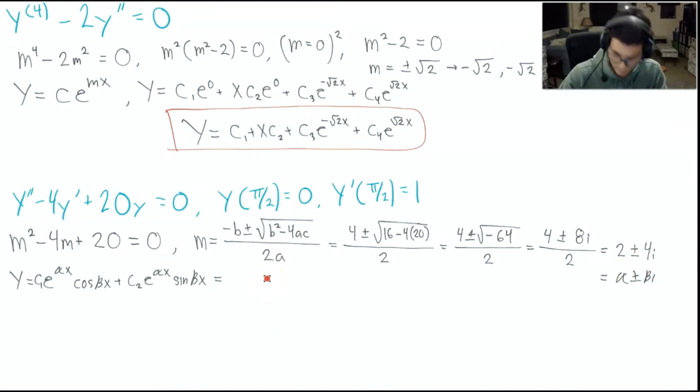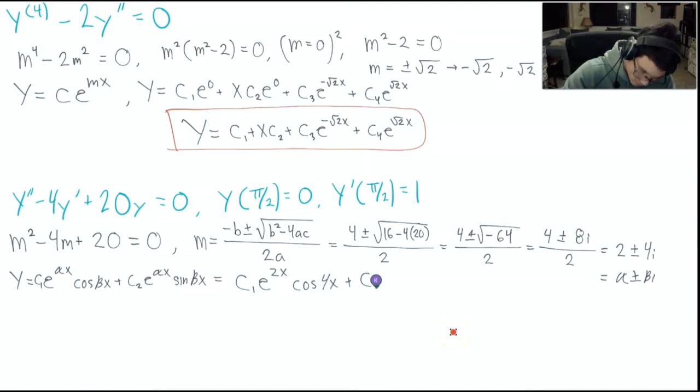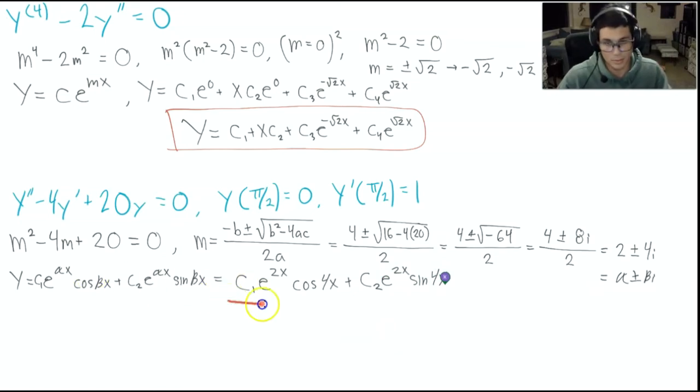It's as simple as that. So we see, okay, what's alpha? Alpha is 2, it'll be e to the 2x. And cosine beta would just be cosine 4x. And really it's just the same process again, just with a sine. Sine 4x. So this would be our general solution.